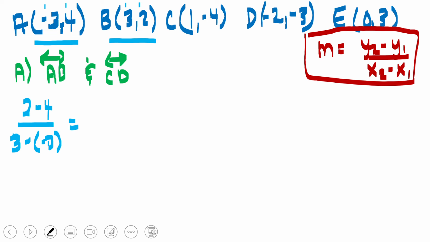My stylus is getting away from me, excuse me. Negative 3. Okay, hopefully we can see that. 2 minus 4 is a negative 2 on top. 3 minus a negative 3 is like 3 plus 3, and that is a 6 on the bottom. That equals negative 1/3.